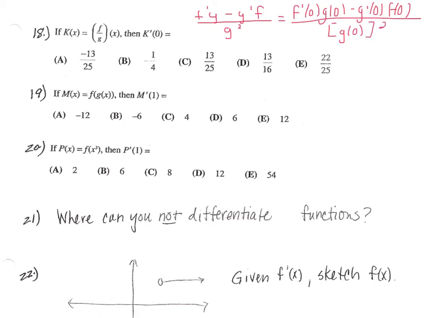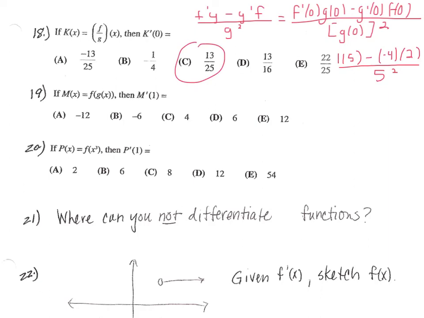We're going to have to take a look back at the table to get all of those values. So that will be 1 times 5 minus negative 4 times 2 all over 5 squared. So we'll have 5 plus 8, which is 13 over 25. So that will be choice C.